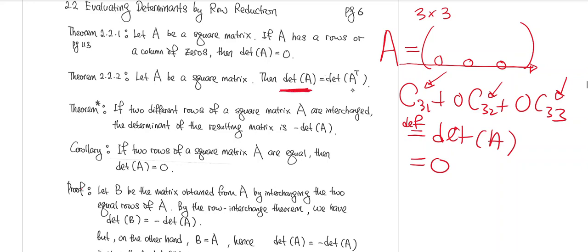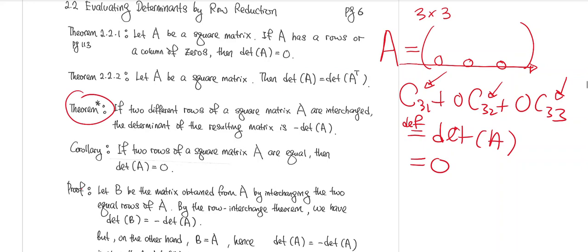That will be the same as performing the cofactor expansion along the second column of the transpose. So they are going to give you the same number because of that previous theorem. So we see that the determinant of A and the determinant of A transpose are the same.